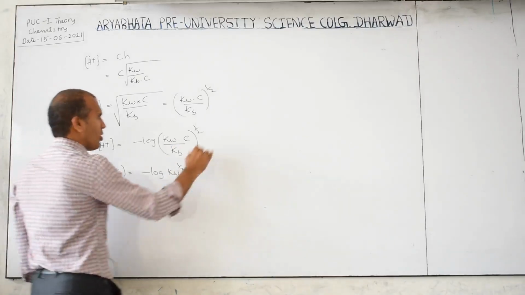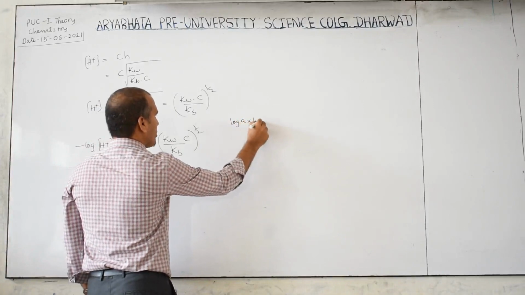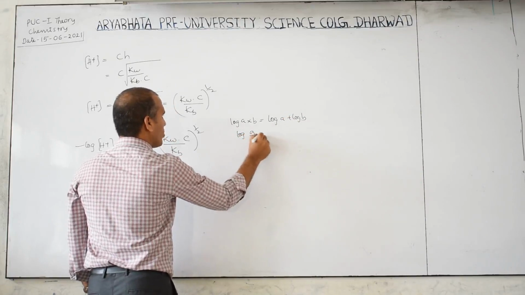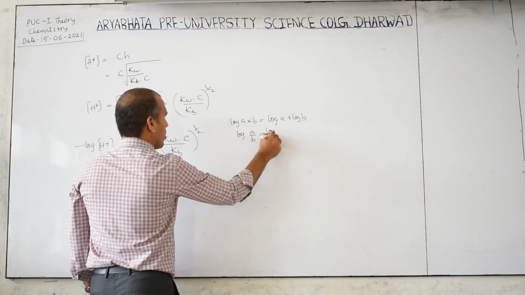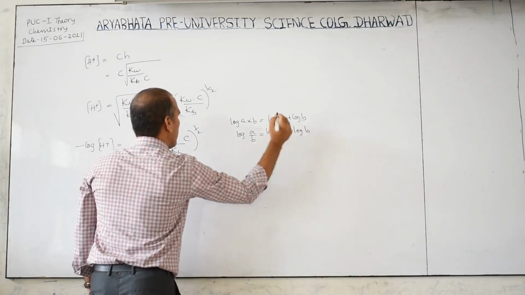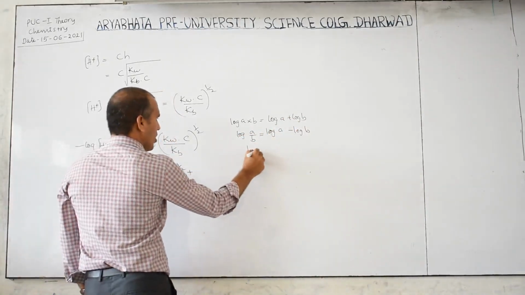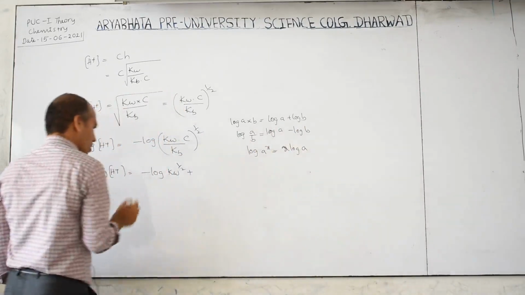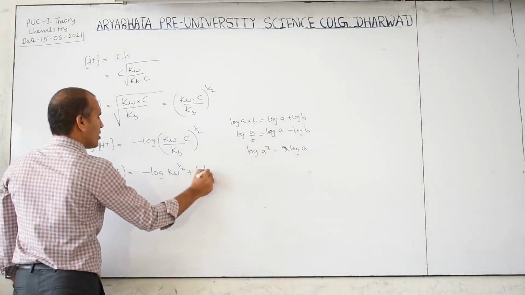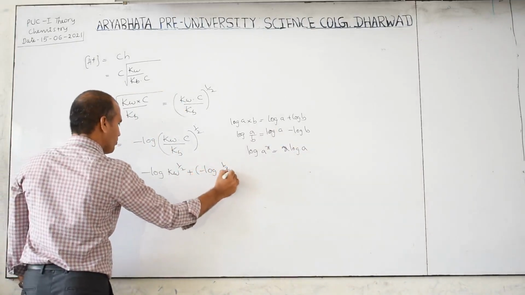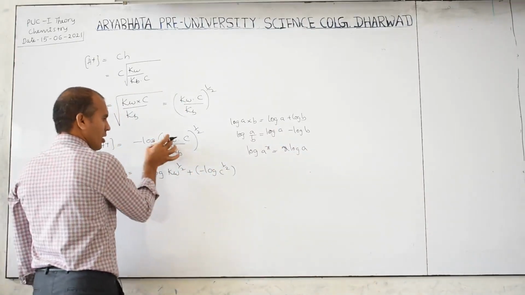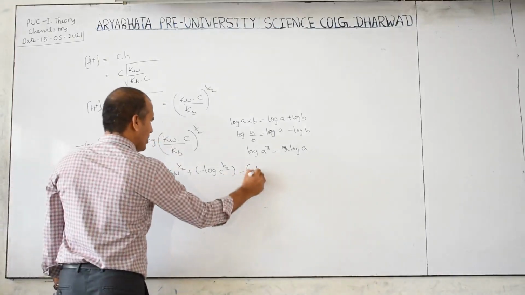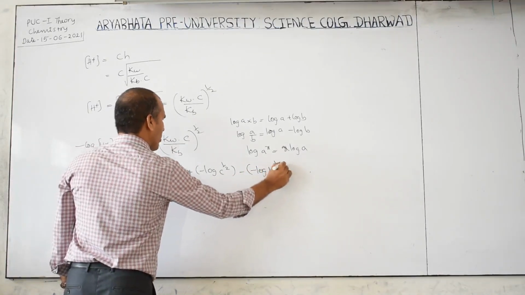Remember, log A into B is represented as log A plus log B. Log A by B is log A minus log B, and we also know that log A power x is x into log A. So now plus is there, and minus log C power 1 by 2, and this is A by B form, therefore minus, and this can be represented as log Kb power 1 by 2.